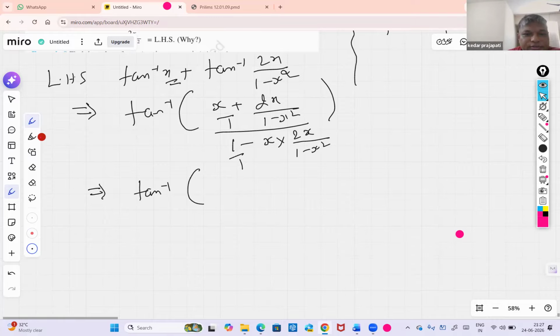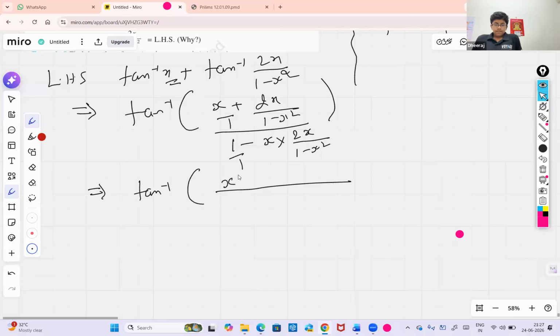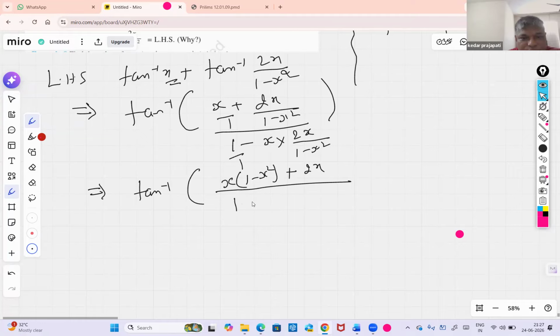Tan inverse, 1 minus x square, 1 minus x square gone. So x into 1 minus x square plus 2x, divided by 1 minus x square minus 2x square.